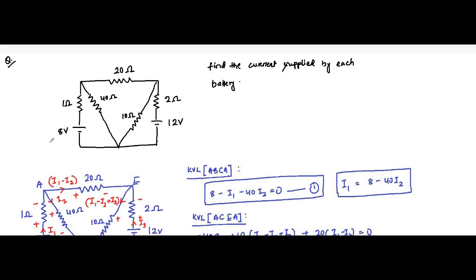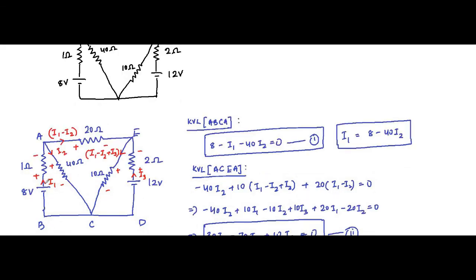So you have to assign the current directions away from the positive terminal of the voltage source and into the negative terminal, because that is the basic rule of network theory. When current is supplied by an element, it flows away from its positive terminal into its negative terminal.